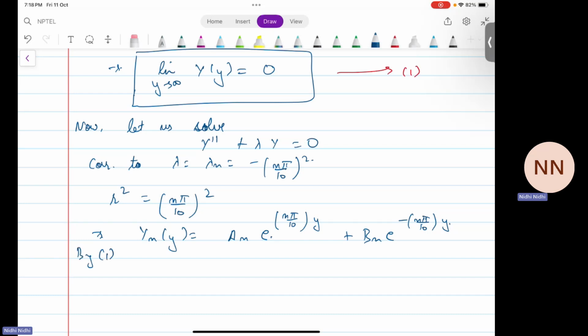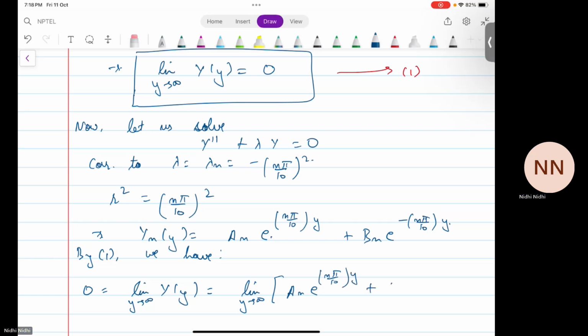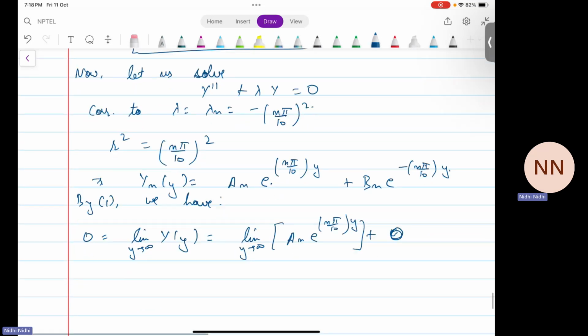By the first, we have 0 is equal to limit y tending to infinity Y(y). Now this is limit y tending to infinity A_n e to the power n pi by 10 y plus 0, because we know that limit x tending to infinity e to the power minus x is 0.